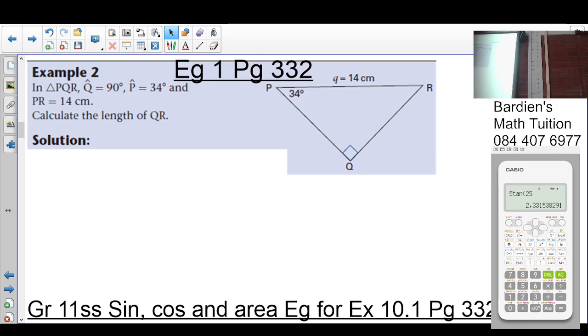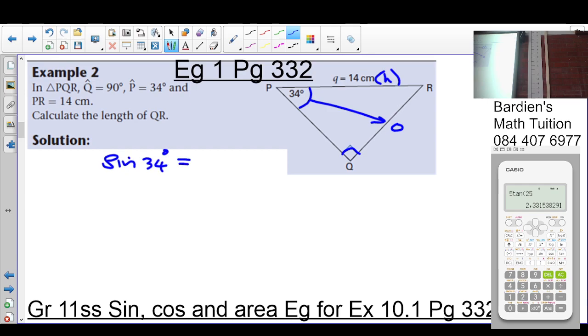Now here we don't have to calculate everything. Here they're specific. So QR, what's the relationship with that angle and QR? It's your opposite. This is your 90, so we have the hypotenuse. Which trigonometric function is that? Sine. So sine of 34 degrees equals opposite, which is RQ, over hypotenuse, which is 14.